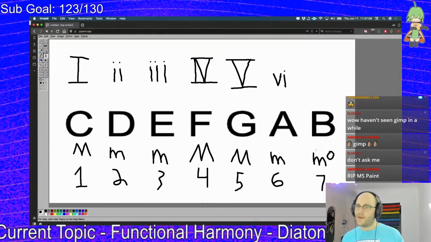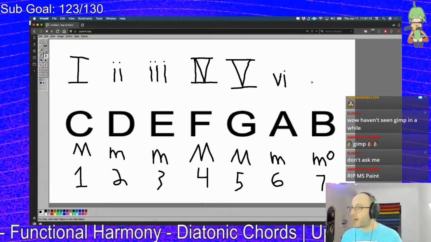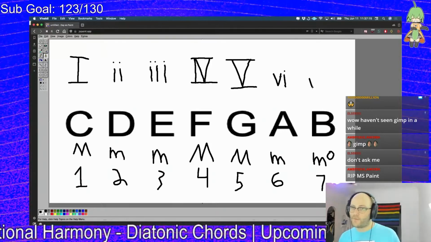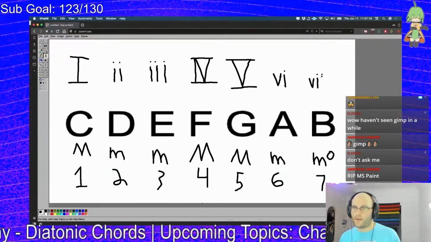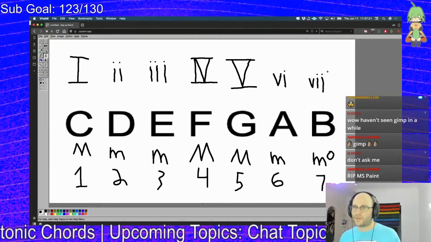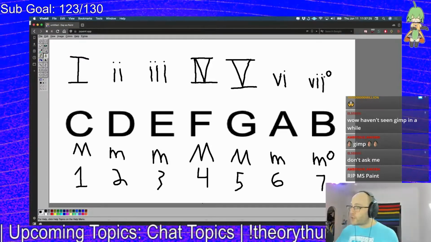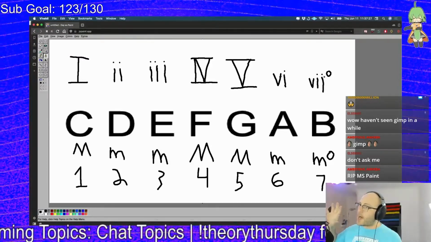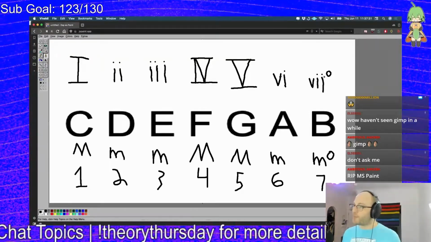And then 7, it is minor, but it has, remember, this little degree sign, so we're just going to copy that degree sign over. vii with a little circle. The circle just means you're lowering the top note of that triad one extra note from where it would be for minor.